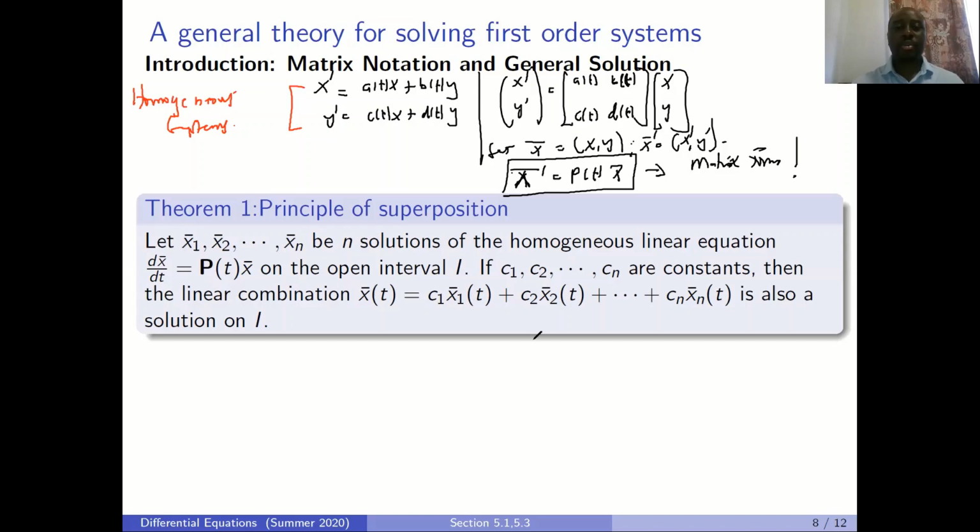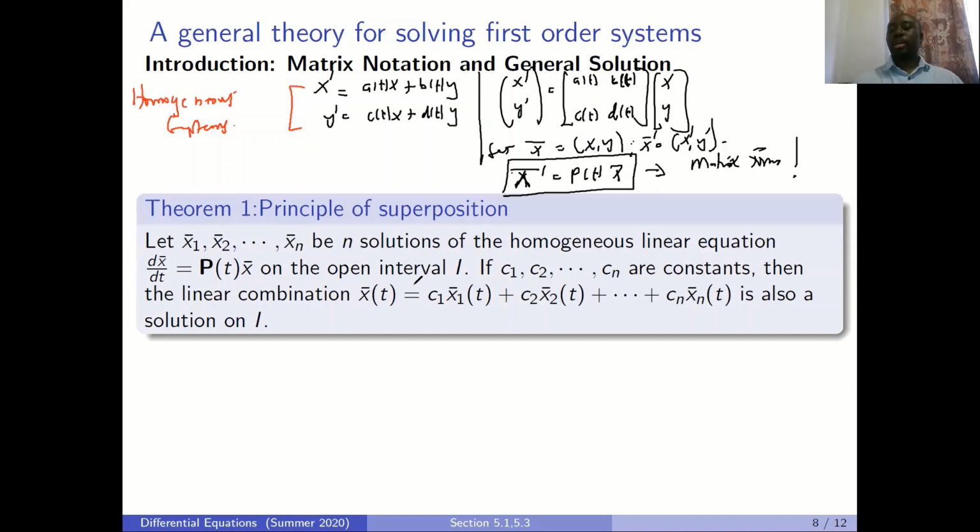If we had an extra, say, e of t and f of t here, then this would be a non-homogeneous system. But at the moment, this is homogeneous because every term involves the unknown function or its derivative. So once we have a homogeneous system, we can put it in matrix form in this way.